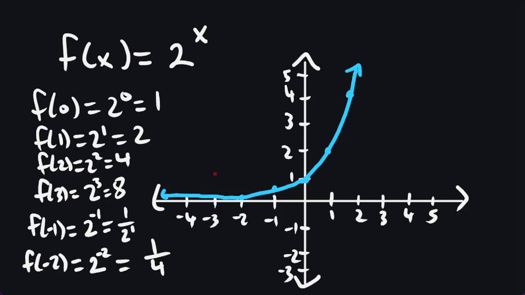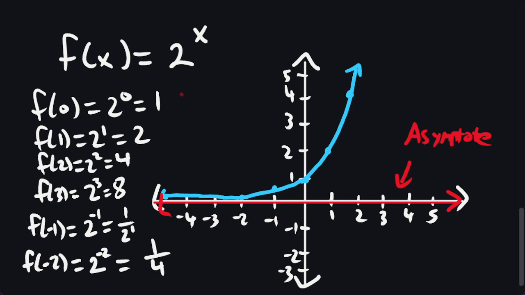And that actually makes our x-axis an asymptote. So our x-axis is actually an asymptote. So asymptotes also exist with exponential functions as well.